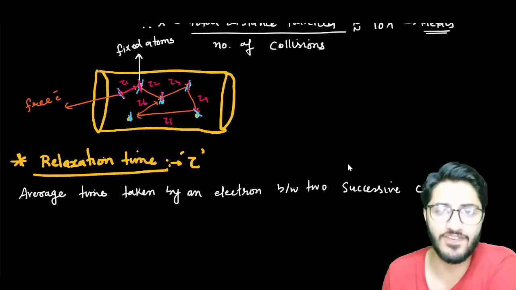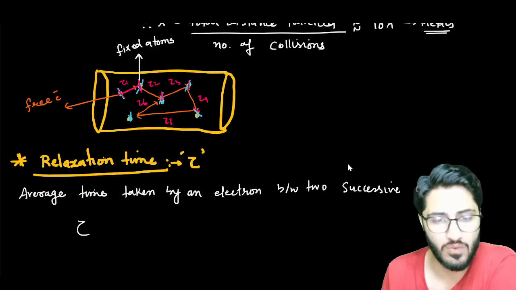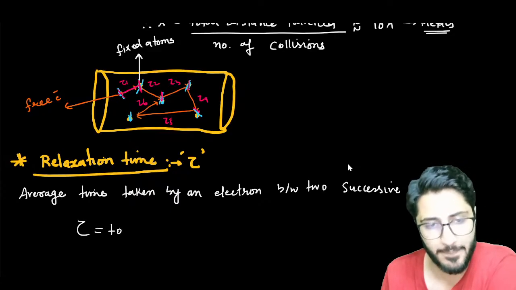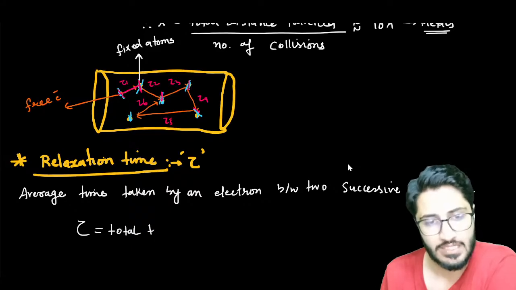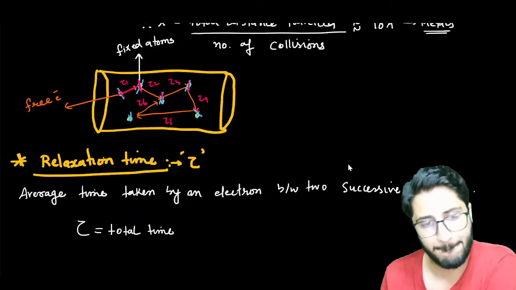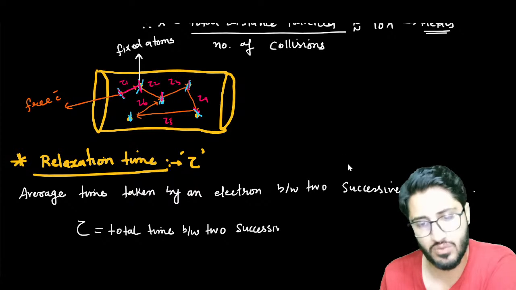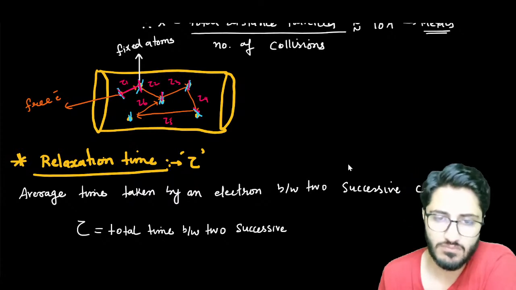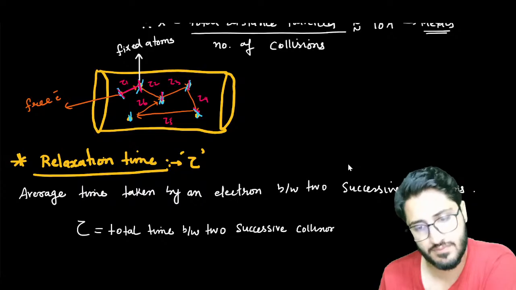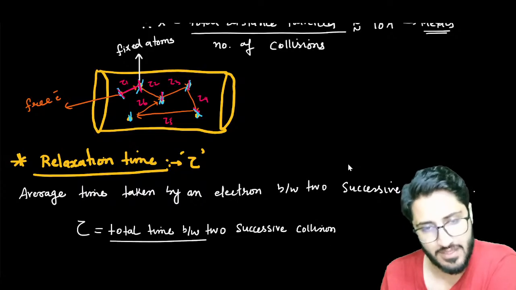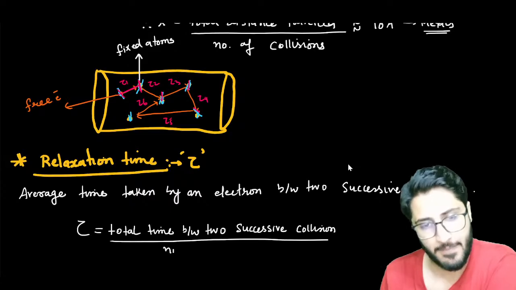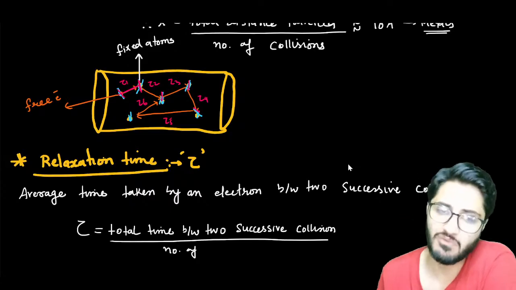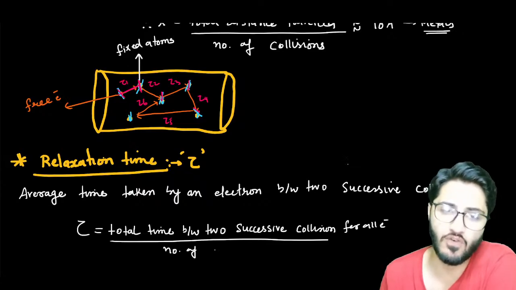So now how to define the relaxation time? It is tau. It is the total time between two successive collisions, divided by the number of all electrons.